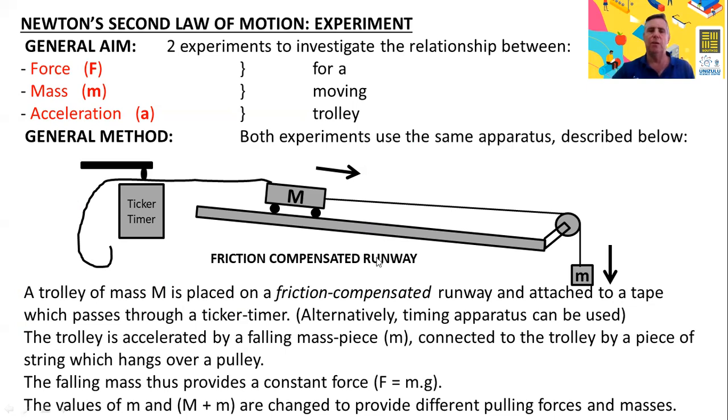Then we change the values of the pulling mass and the trolley mass to provide different pulling forces and masses. Please note that the mass being accelerated is not just big M, the trolley mass, but it's actually big M plus small m, because the whole system is being accelerated.